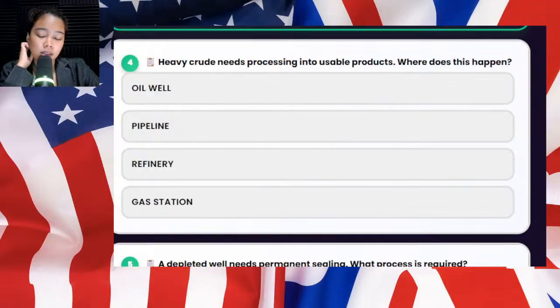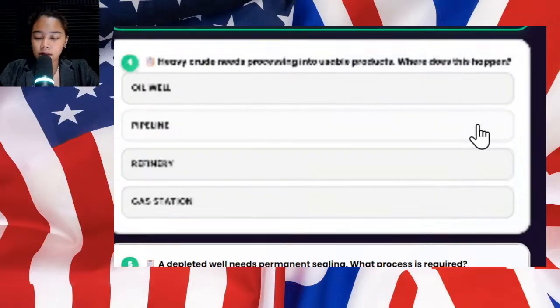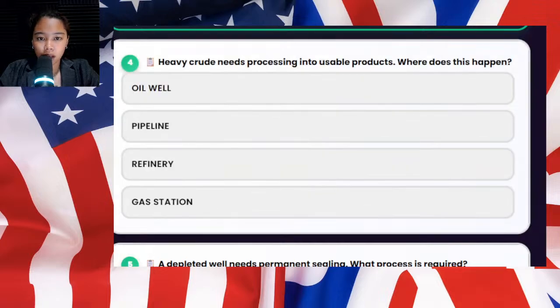Okay, let's try to check the options. Let's start with oil well. What is an oil well? Do you remember? We've mentioned it also in the previous exercise. This is a specialized hole, which we also call a boring.